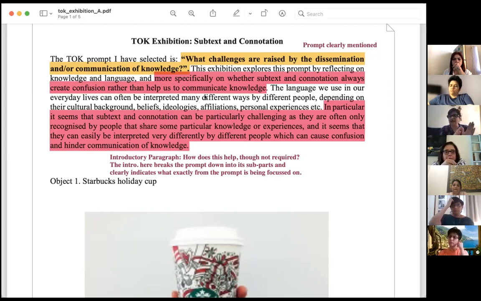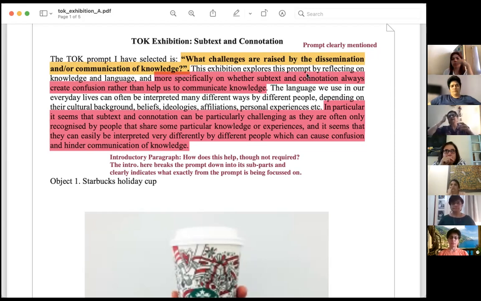And then the examiner will automatically look for whether the student has delved into connotations, and whether the same thing deals with the link between connotation and challenges of dissemination or communication of knowledge. If this is not there, it is easy for the examiner to comment on the depth.